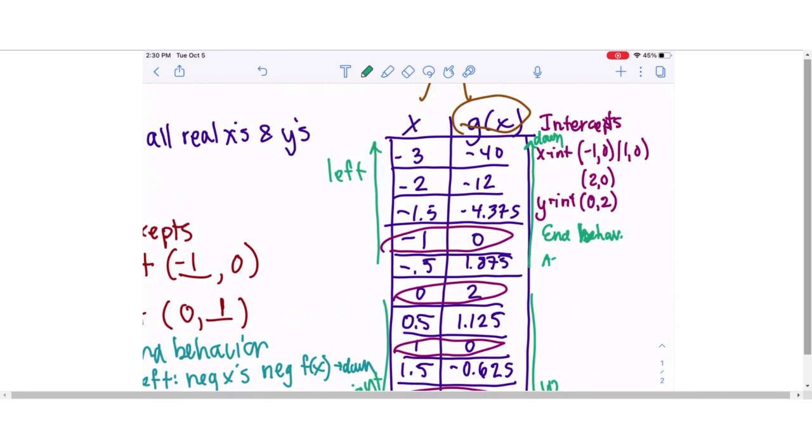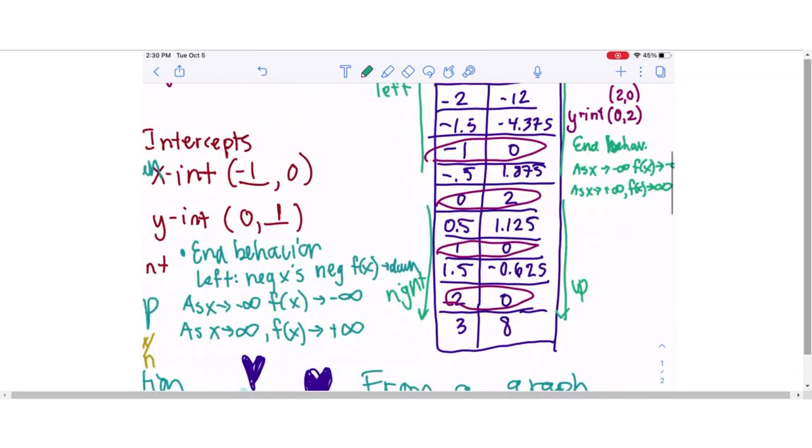As x goes to -infinity, f of x also goes to -infinity because it's going down. And then as x goes to +infinity, and usually they don't put the positive there, by the way, f of x goes to +infinity. All right, so we got that.